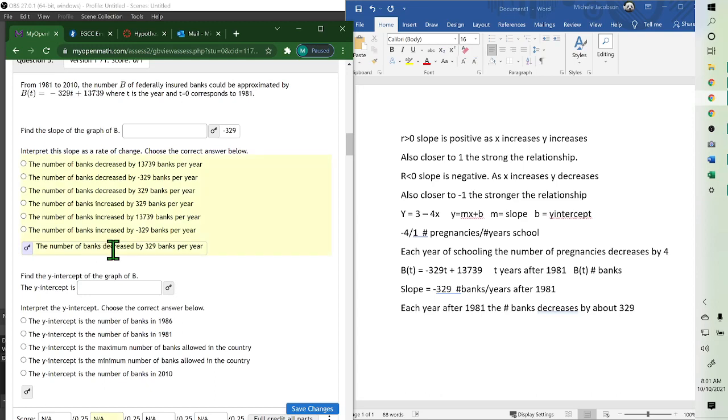The number of banks decreases by 329 banks per year. So each year after 1981, we lose about 329 banks.